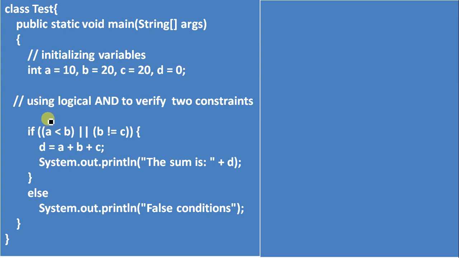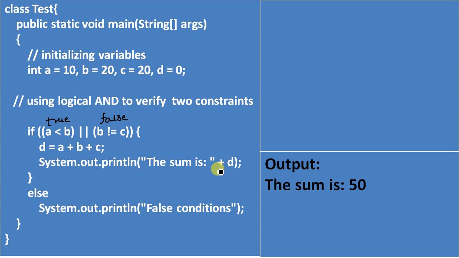Then the OR operator, b not equal to c, which is false because b is equal to c. But in the logical OR operator, if one condition is true, the result will be true. So the if block will execute, and the result will be the sum of a plus b plus c, so the output will be d.